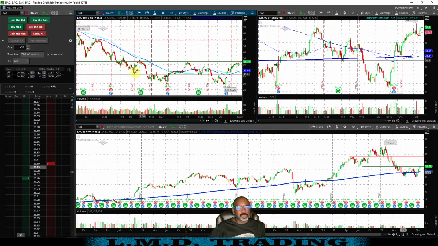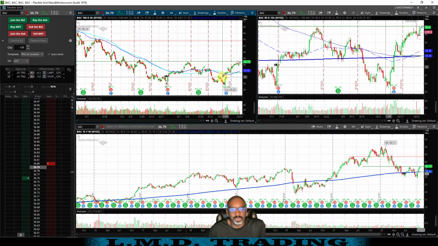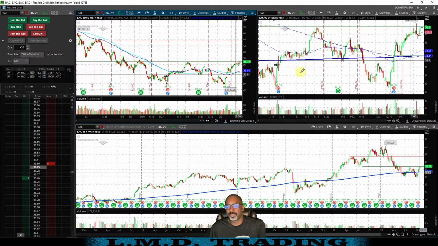Okay, it's not too bad. See how it kind of just diverges a little bit, and if you look, this is Bank of America. Looks like it's kind of holding on to the 100 simple moving average.